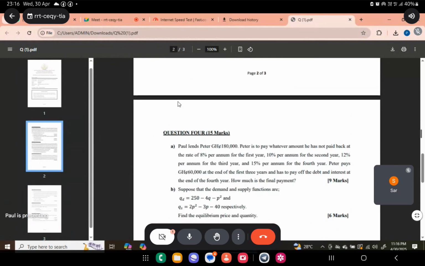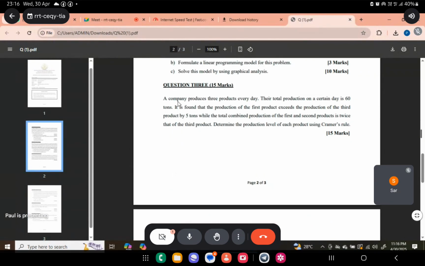Question 3. This is a matrix question. It says that a company produces 3 products each day. The total production on a certain day is 60 tons.